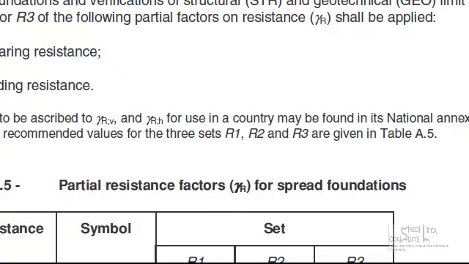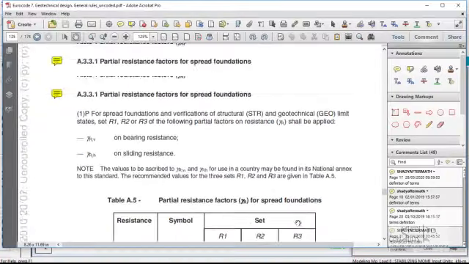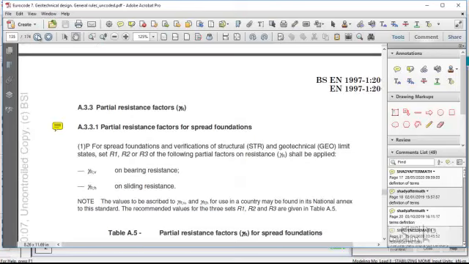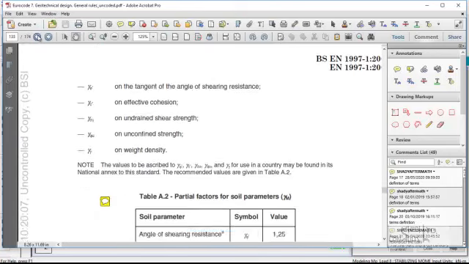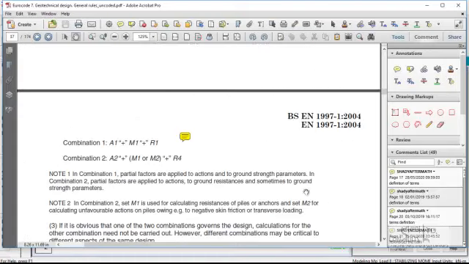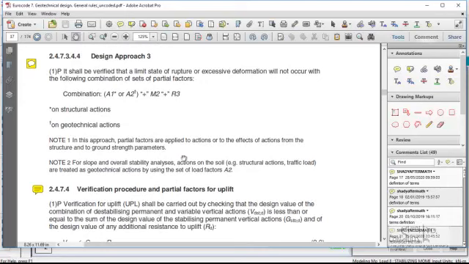For sliding resistance, these are the partial factors of safety, and then the combination of factors you are to use is as shown here. It says A2 plus M2 plus R2. Now, what is A2?